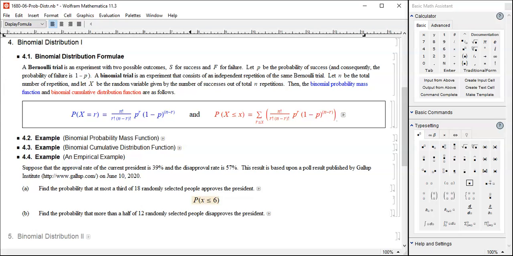And at most 1/3, so 6 or less. So this is basically what we have to find out. So basically we want 0, 1, 2, 3, 4, 5 or 6 people approving the president. So we have to do this.